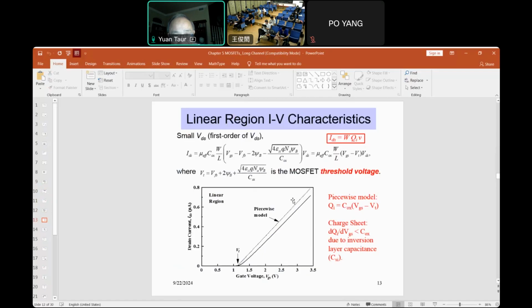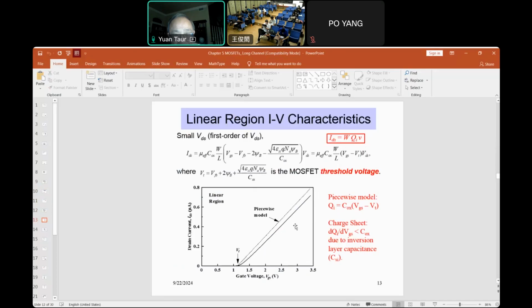Then it goes up linearly with VGS. This is for a given low VDS. Of course, we know that it's only valid above VT. So below VT, this becomes negative, and this model doesn't apply anymore.